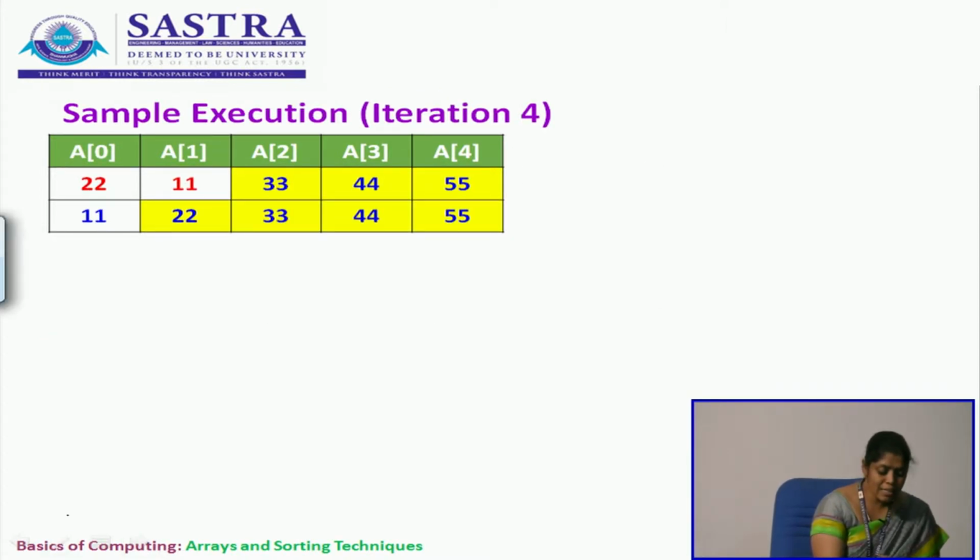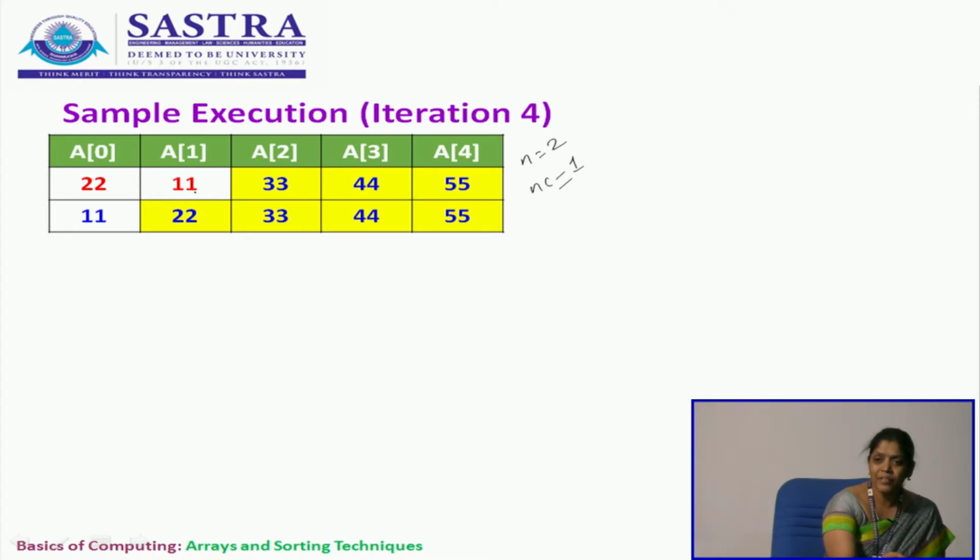For the last iteration, what will be your input? Only 22 and 11. These two, so the number of elements is 2. So the number of comparisons is only 1, because n minus 1 comparisons, and 22 and 11 have been compared and 11 is identified as smaller, so it has been swapped over here. So there is no more element pending.